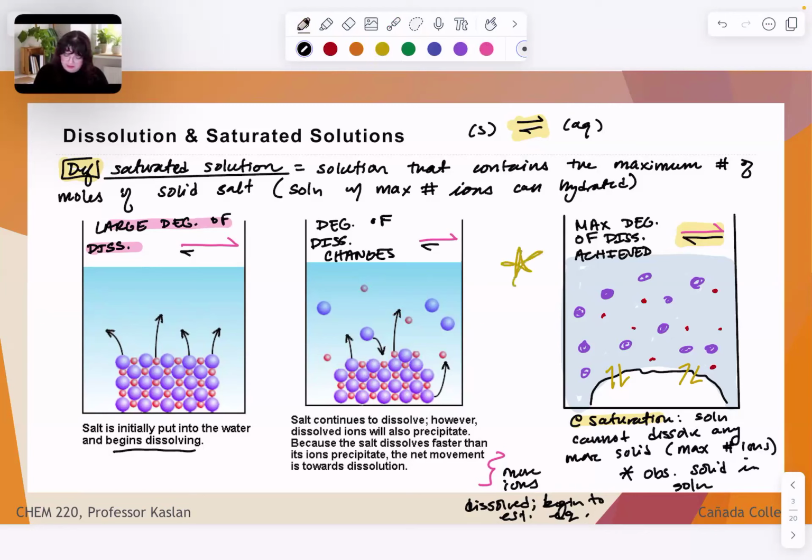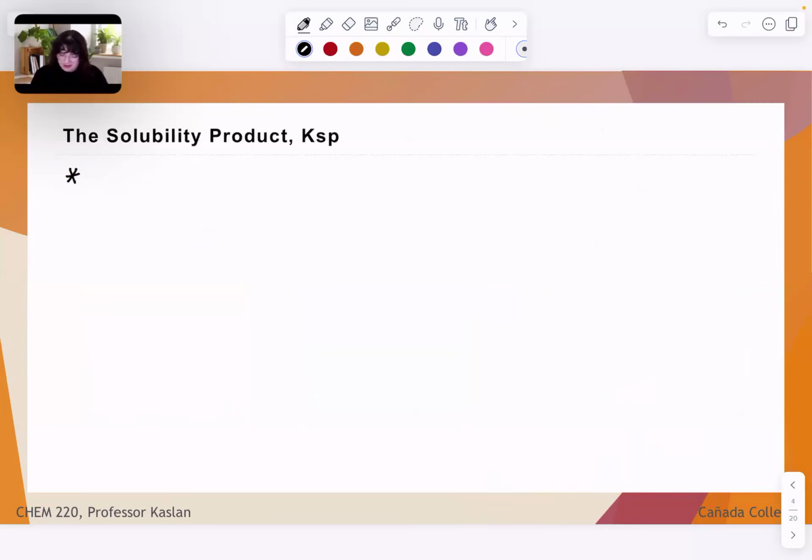The state of saturation is where the equilibrium is established. Just like any other state at equilibrium, whether it's an acid dissociating or some general gaseous reaction occurring, we can describe that by using some equilibrium constant, K.